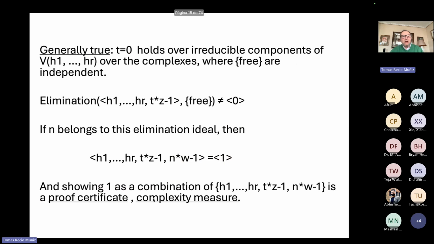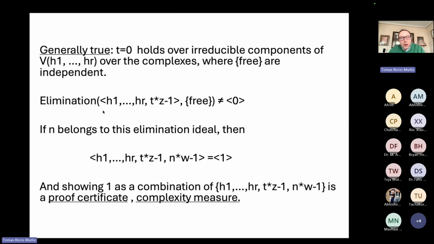That's very curious. So to give you an idea about what is behind this tool, let's say that if T is the thesis and H are the hypotheses, we say that the statement is true if the thesis holds over the components of the hypothesis variety where the free variables are really free.